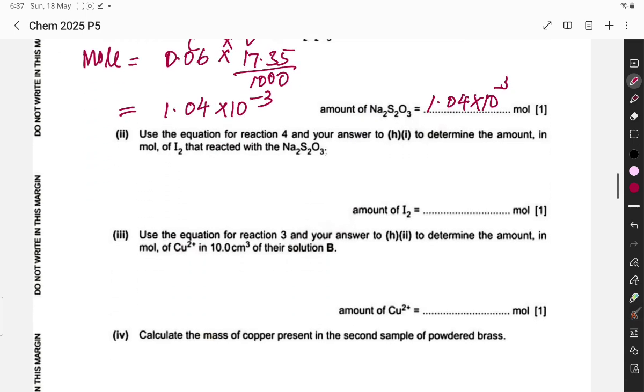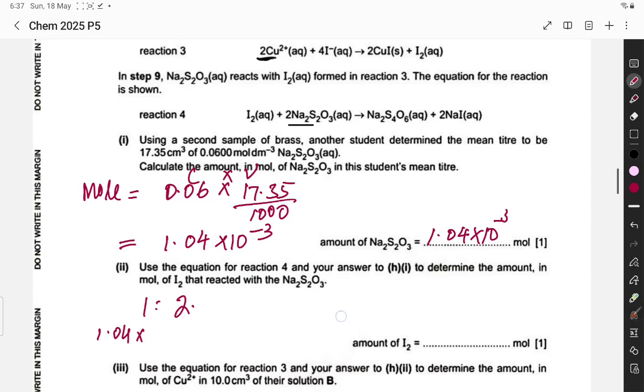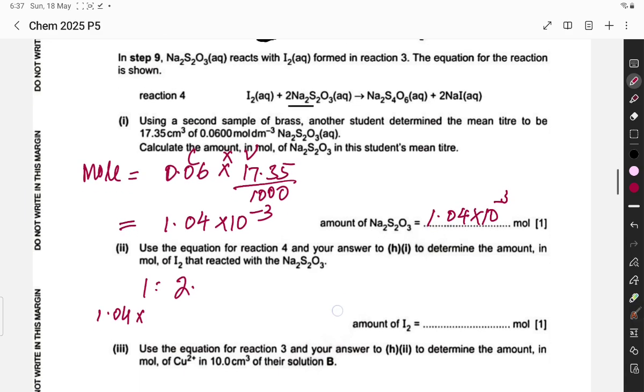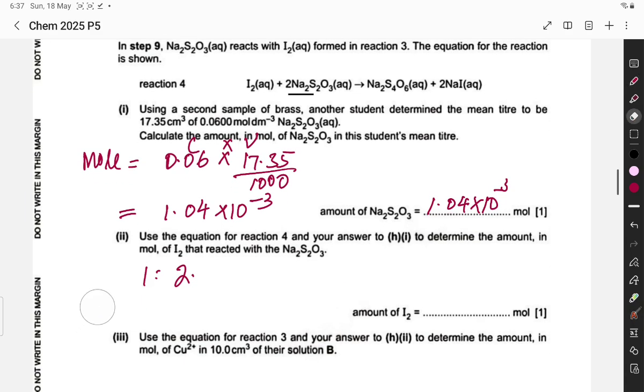Use the equation for reaction 4 and your answer to H1 to determine the amount in mole of iodine that reacted. It is a 1 to 2 ratio, and the mole of sodium thiosulfate is 1.04 × 10^-3. So the amount of iodine is 5.21 × 10^-4.